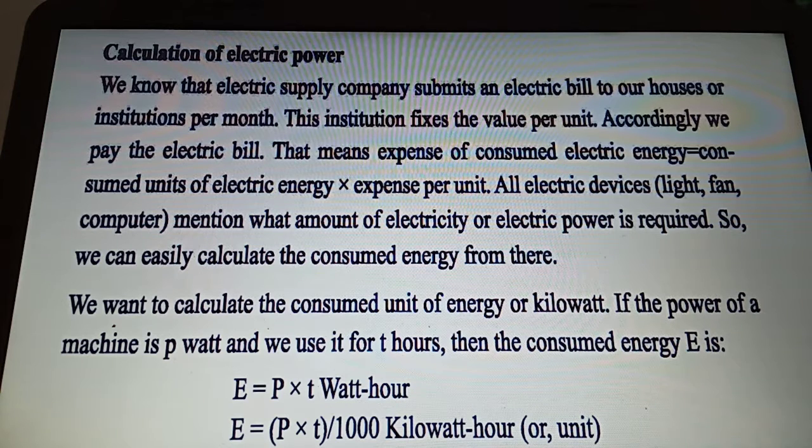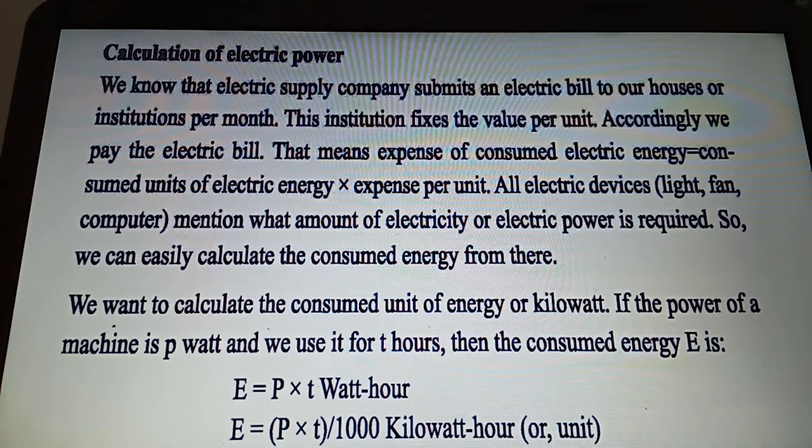Calculation of electric power. We know that the electric supply company submits an electric bill to our houses or institutions per month. This institution fixes the value per unit. Accordingly, we pay the electric bill.